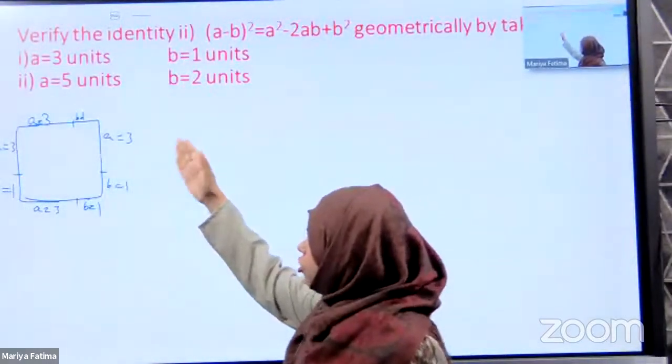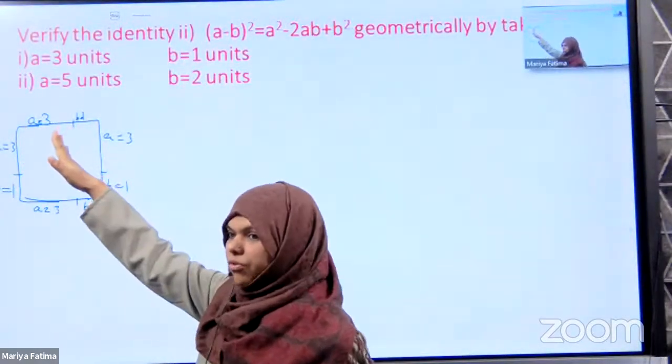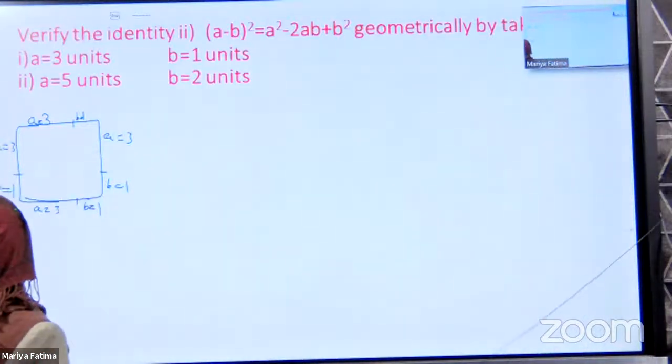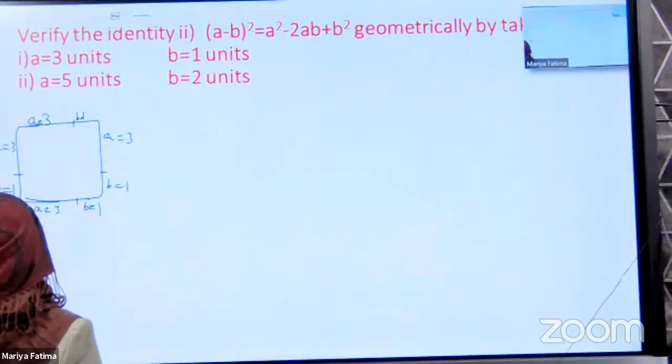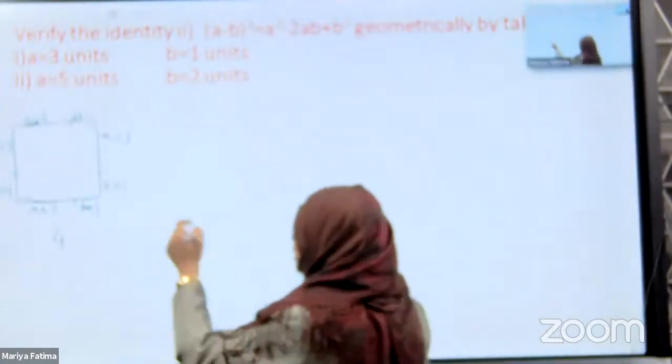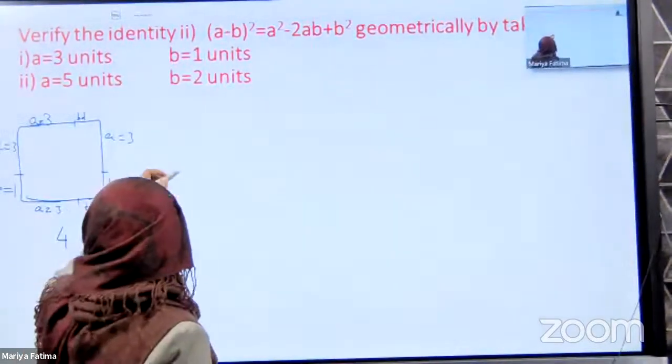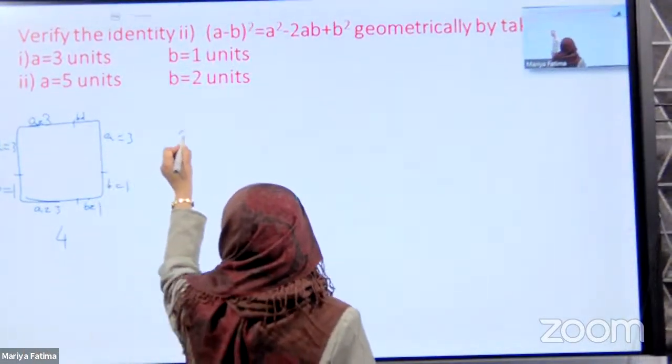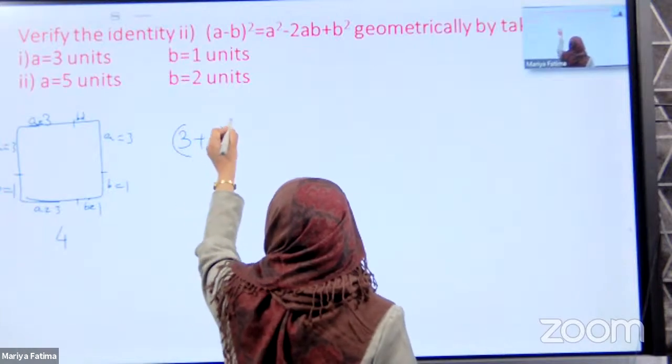Okay. Now, first we are taking the LHS. What is your LHS? How to find out the area of the complete square? See, what is this side? This is 3 and this is 1. Then if we add, it will become 4, and this will also become 4. Okay. So A plus B whole square. So A value is 3 plus 1 whole square.